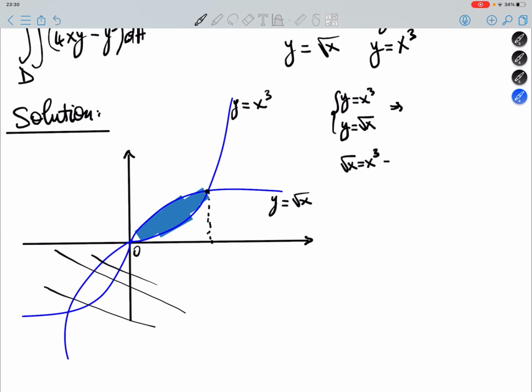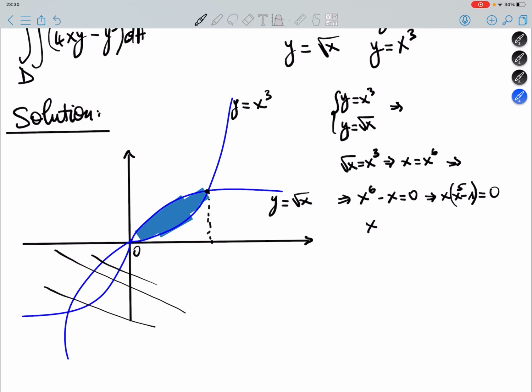Now if we square both sides, we have that x is equal to x to the 6, and then we move x to the right hand side by changing the sign. So we have x to the 6 minus x is equal to 0, and if we factorize, this implies that x times (x to the 5 minus 1) is equal to 0.